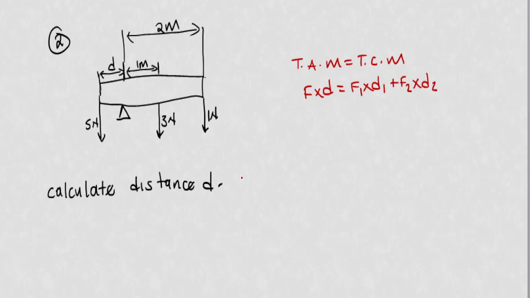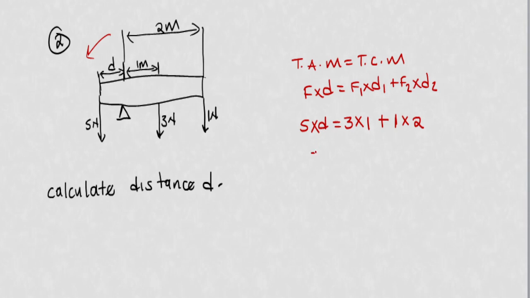On the anti-clockwise side, the force is 5 and the distance is D. Now on the clockwise side, the first force is 3 newtons, and the first distance from the pivot is 1 meter. Then plus the second force, 1 newton, multiplied by the second distance, which is 2 meters.